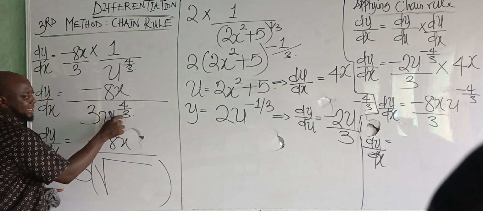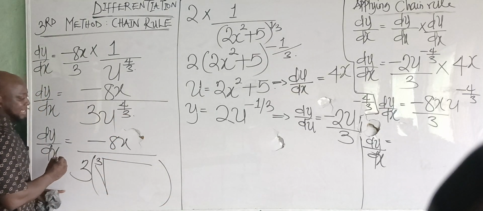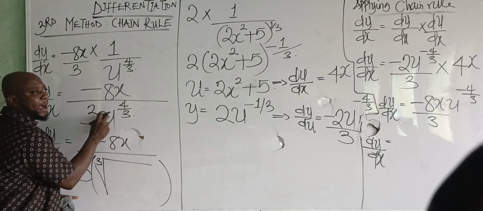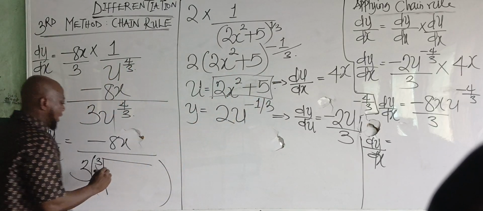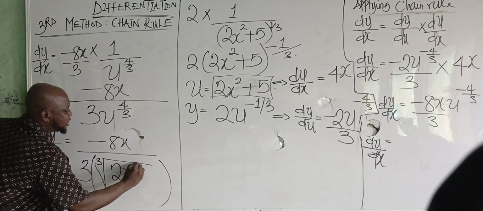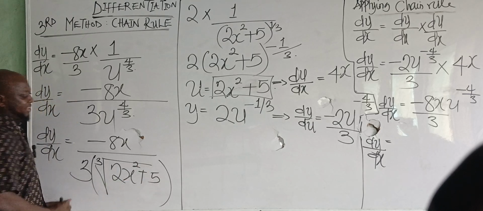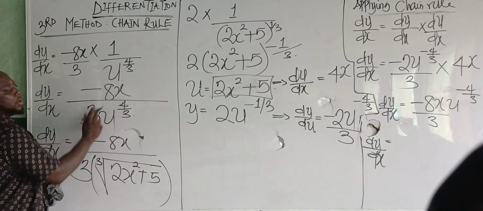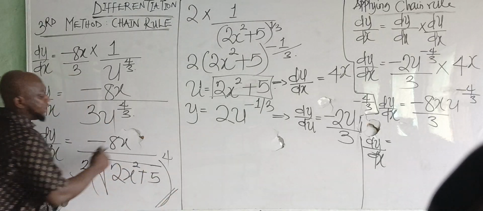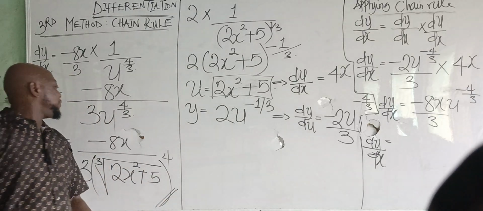Then I will put in the value for my u. What is my u from the beginning? We said let u be all of this, so I'm going to have it as 2x raised to the power of 2 plus 5. Now, all raised to the power of what? 4. So this is what we have as our final answer.